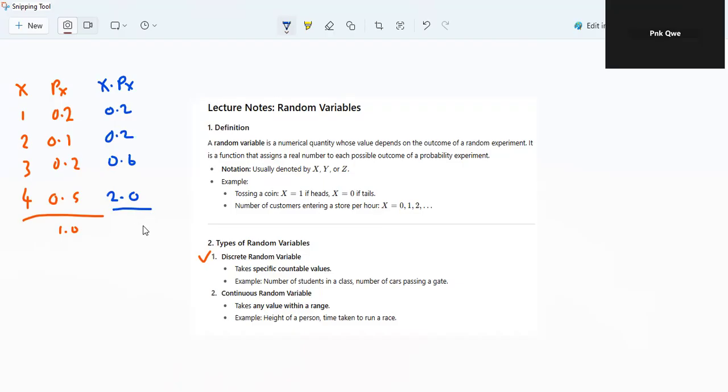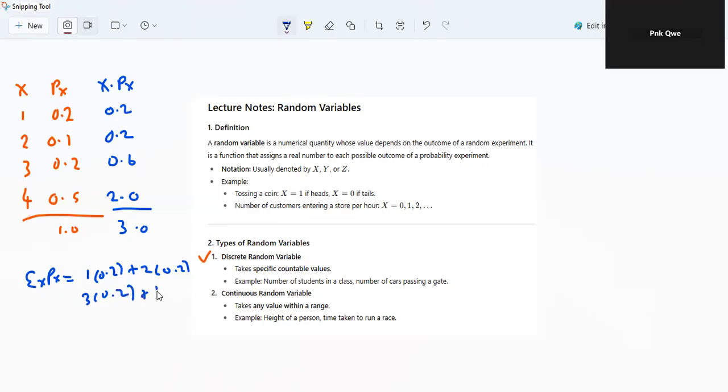When we add all this up, what we get is called the mean or expected value. Here we're going to get a 3. So we can use this table. The expected value, summation of x p(x), is simply given by each individual value of x: 1 times 0.2, if we don't want to use the table, same thing, plus 2 times 0.1, plus 3 times 0.2, plus 4 times 0.5.